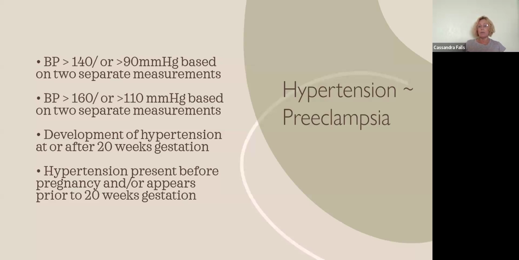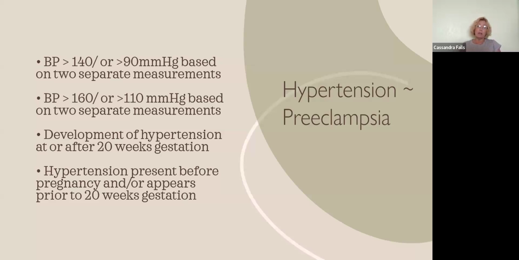You can have chronic hypertension that is before 20 weeks gestation, so it's not considered gestational hypertension. It's chronic. If it's after 20 weeks of gestation, we consider it gestational hypertension.